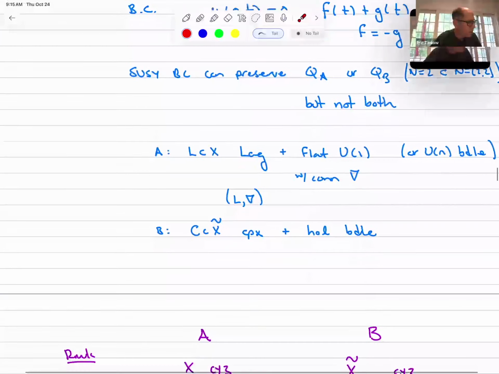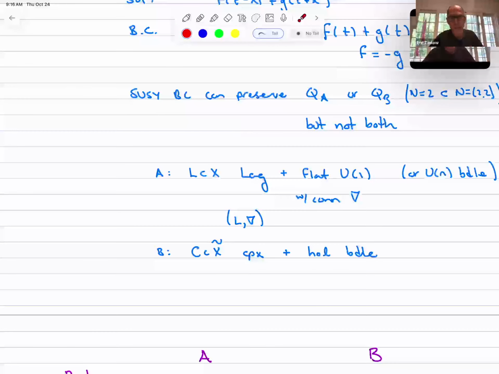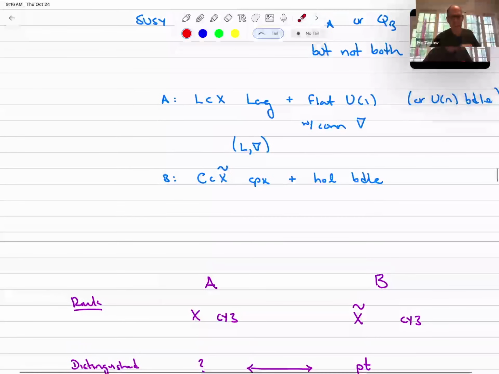I will be discussing a little bit of the geometry of what Lagrangian and holomorphic means later on. But at a high level, when you add boundary conditions, they impose some geometric conditions on the ends of our string. And these are them in the two cases. And so the mirror symmetry interchanges these, and it interchanges the boundary conditions.